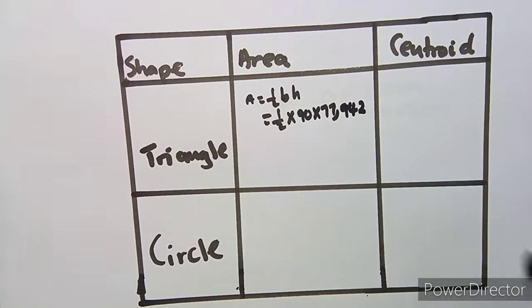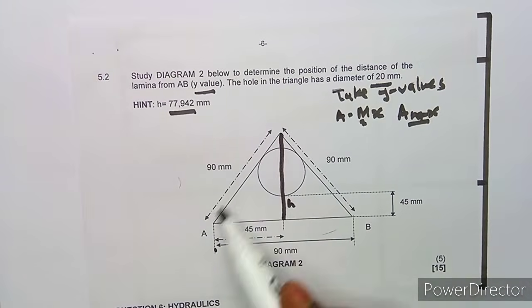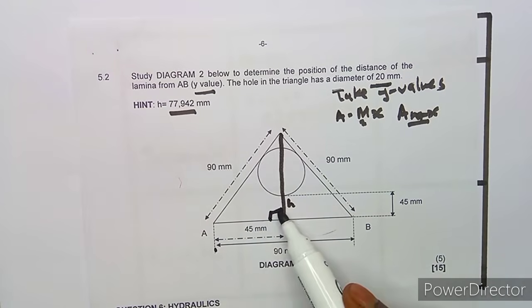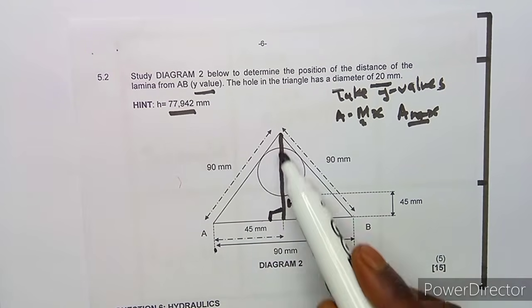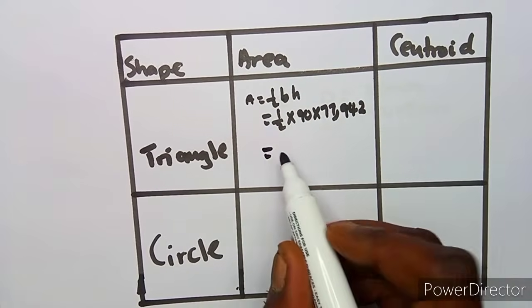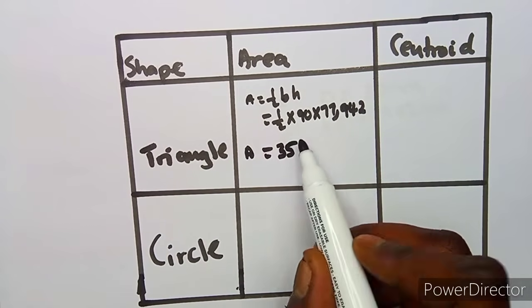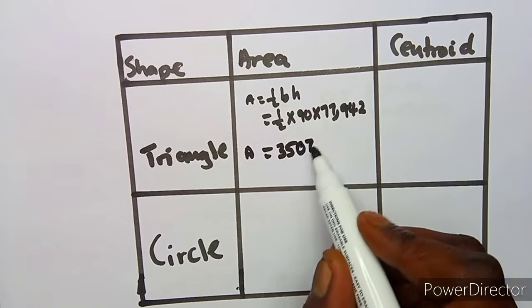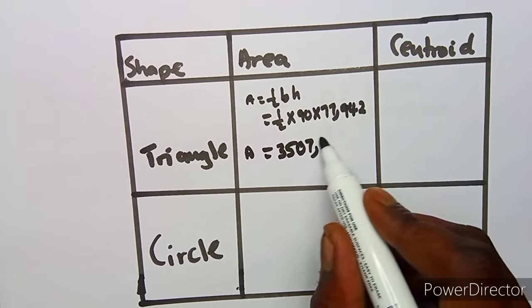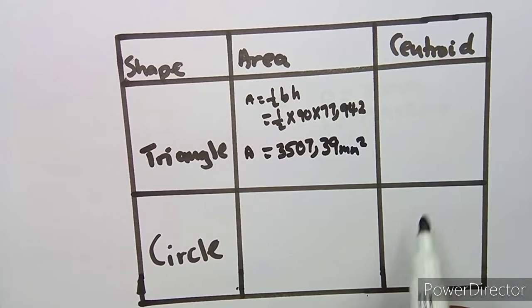Let's say in a case that this height was not given, how are you going to calculate it? You are going to apply Pythagoras theorem. Since this is a right angle triangle, you apply Pythagoras theorem to calculate this height. Let's say they didn't give it, but in this case we are given. So you're going to obtain an area of 3507,39 square millimeters. Okay, we are done with the area.